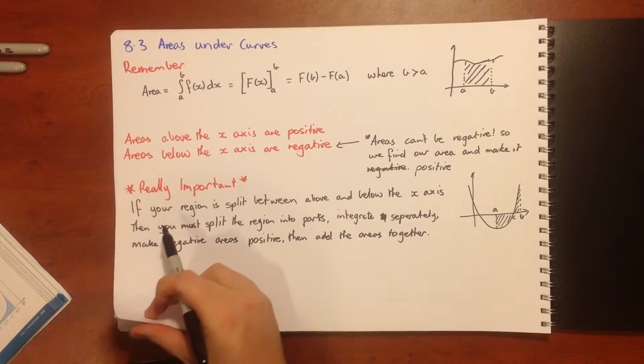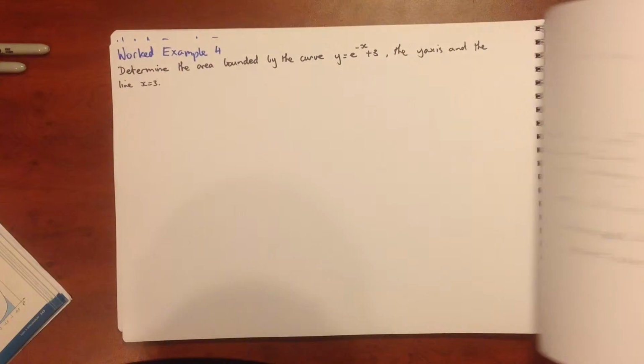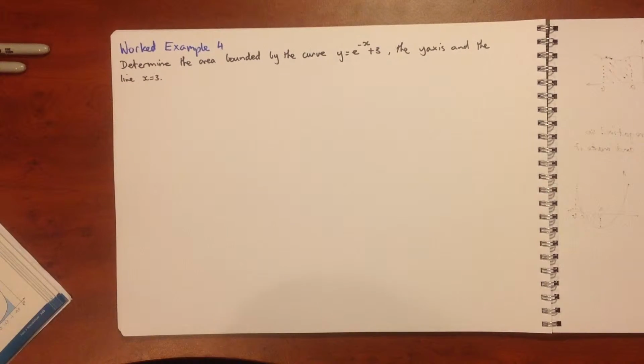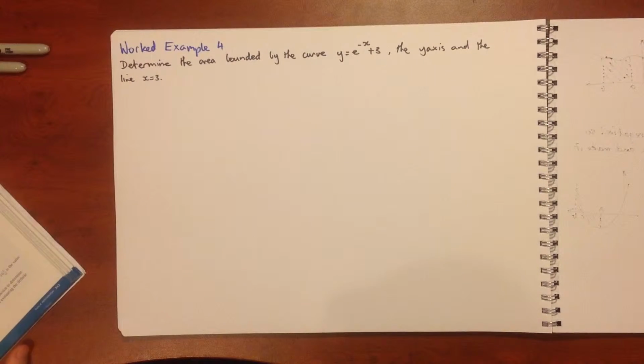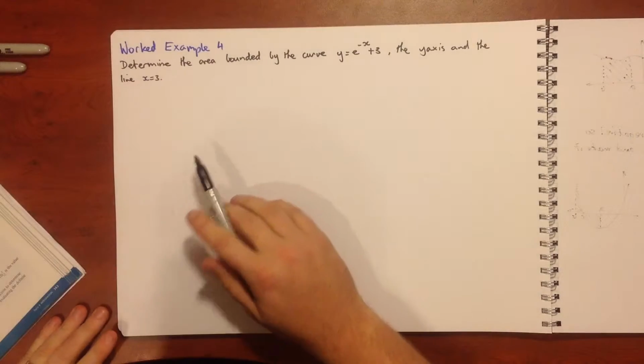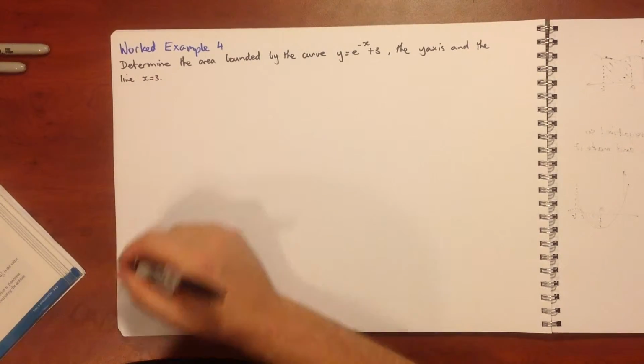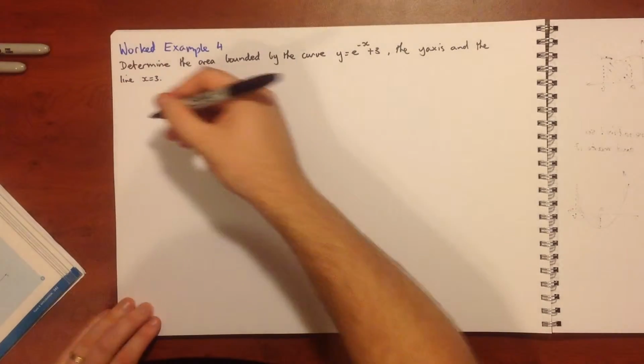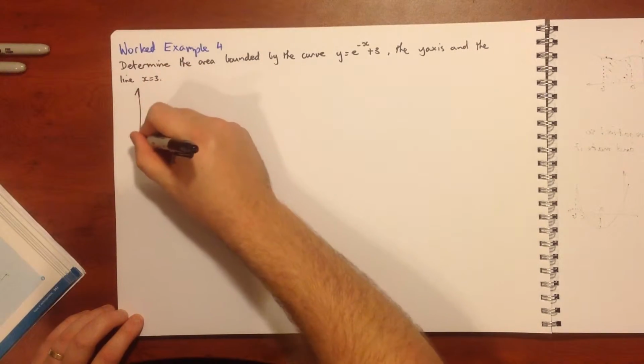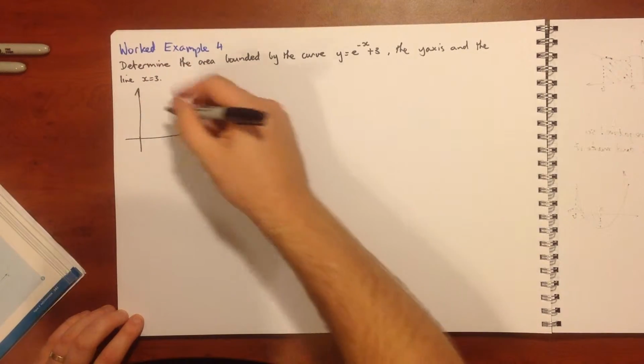So we'll have a look at the two worked examples. We need to determine the area bounded by the curve y equals e to the negative x plus 3, the y-axis, and the line x equals 3. If you draw a little graph of that, it looks something like this.